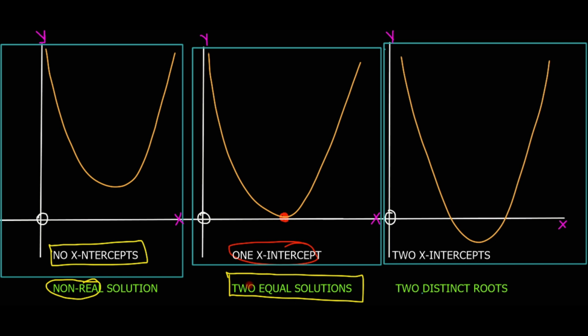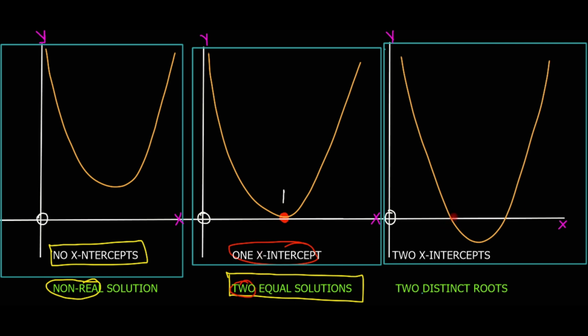The reason we are saying two is because we know that the graph of a parabola has two x-intercepts, but if you look at this one it has one x-intercept. This means this point occurs two times. This point occurs as an x-intercept, and then also as a turning point. So this point occurs two times, and it has the same value. So we are saying we have two equal solutions.